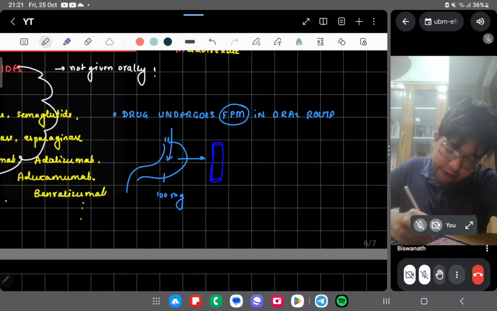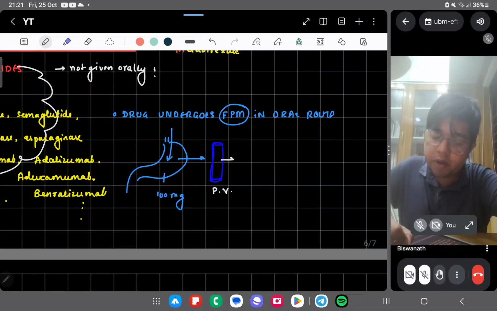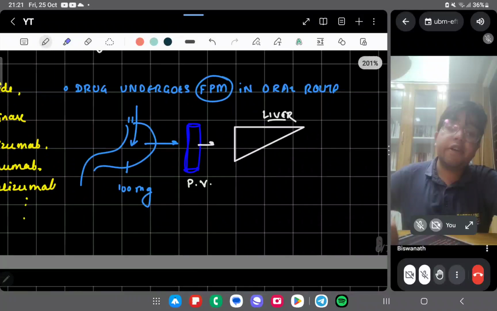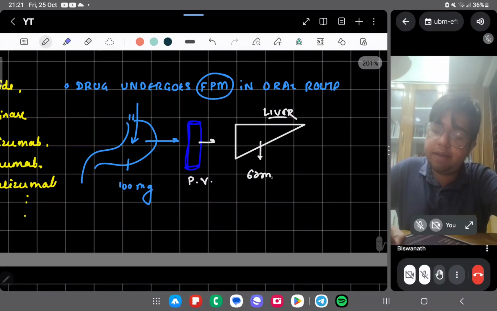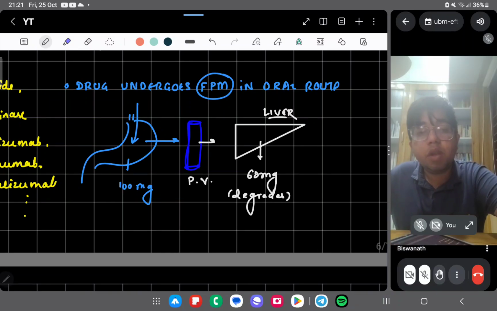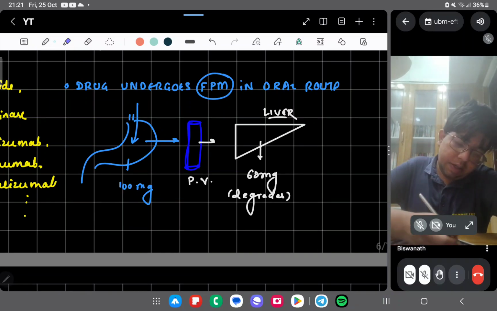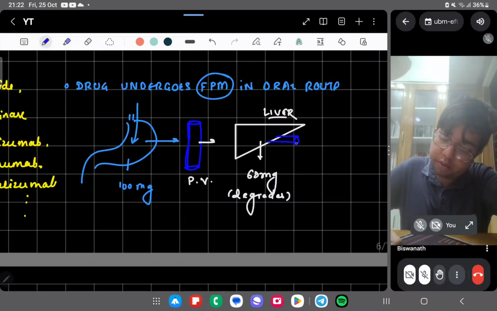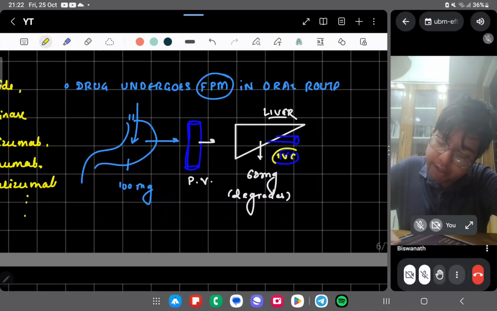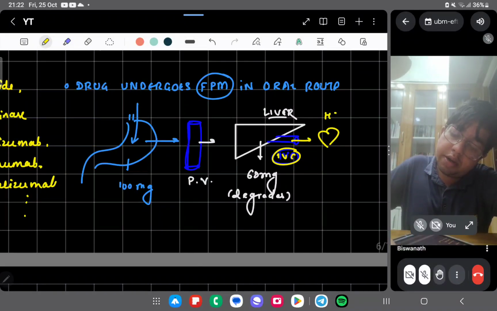Via portal vein, it reaches the liver. Let's say liver degrades 60 milligram. Liver sends it via IVC. IVC means inferior vena cava. If it is not visible, I'm writing this. From inferior vena cava, it moves to the heart.